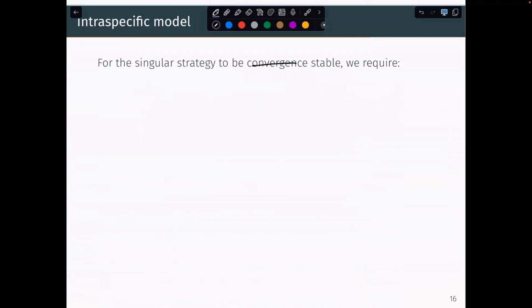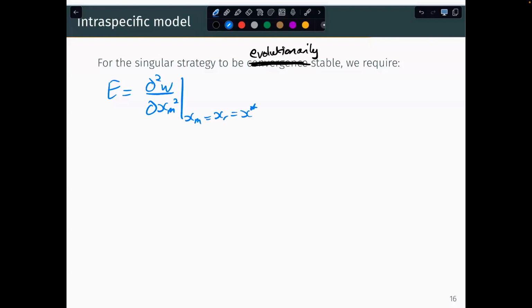And essentially, this should be evolutionarily stable. For our singular strategy to be evolutionarily stable, we had to take our second order partial derivative of invasion fitness with respect to our mutant trait, evaluate this at our singular strategy, and that has to be less than 0.